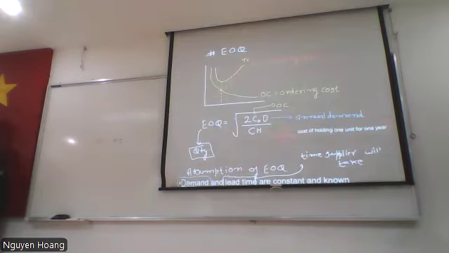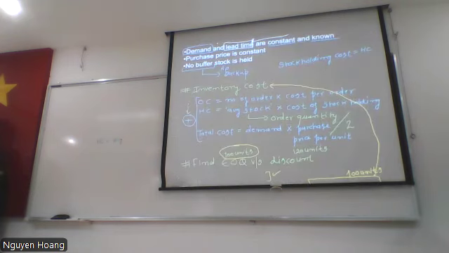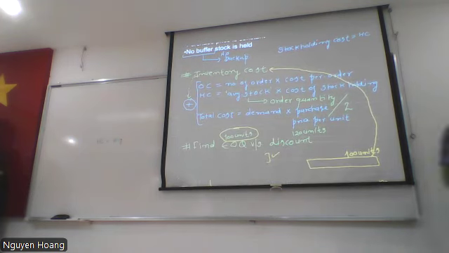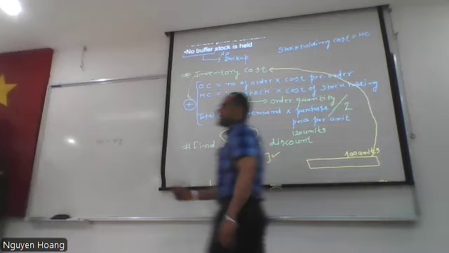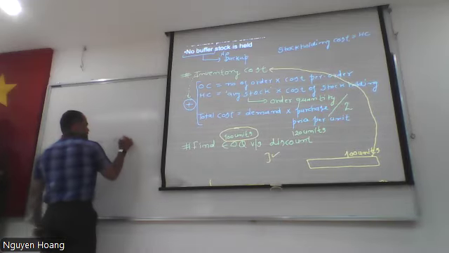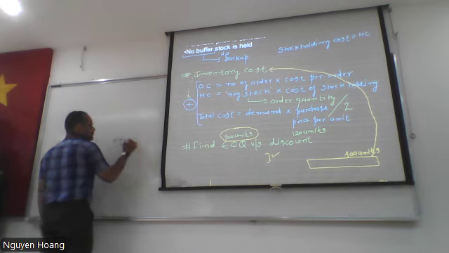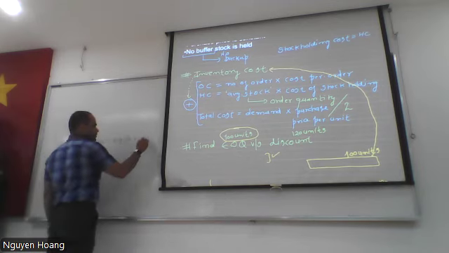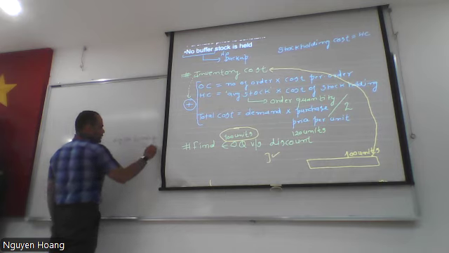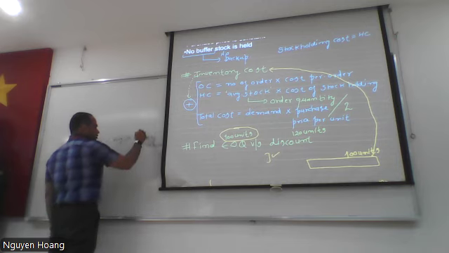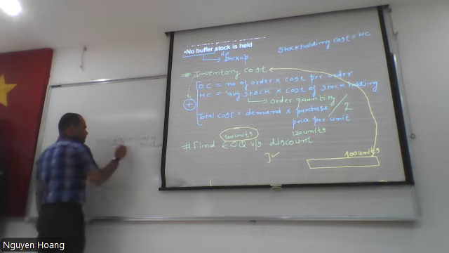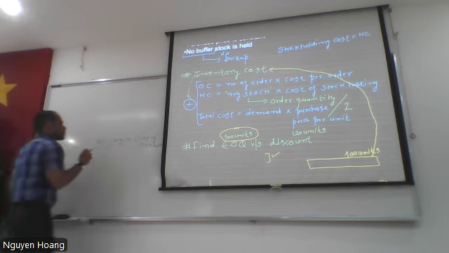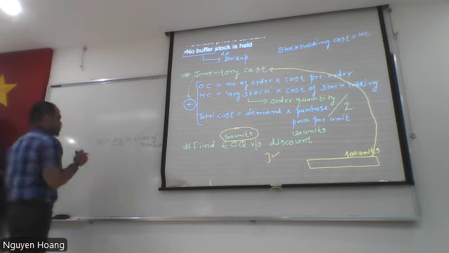The formula was average stock multiplied by cost of stock holding. In our estimation, this was correct, but we have to find out average stock.